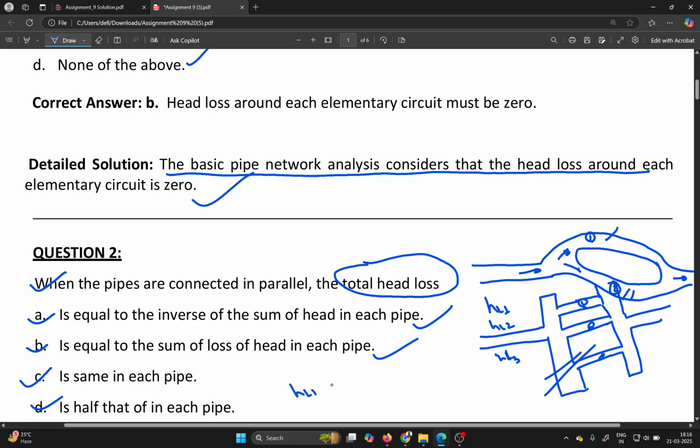That is HL1 is equal to HL2, HL3. If condition is if the diameter is same, that is the cross sectional area should be same. Okay. So which option will be correct? C option will be correct here.